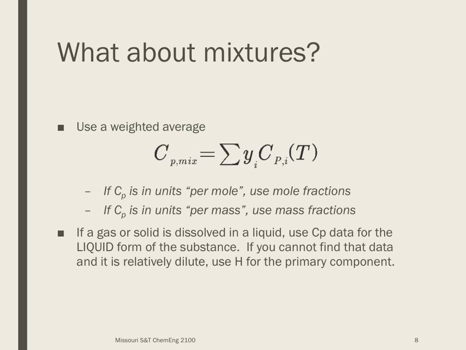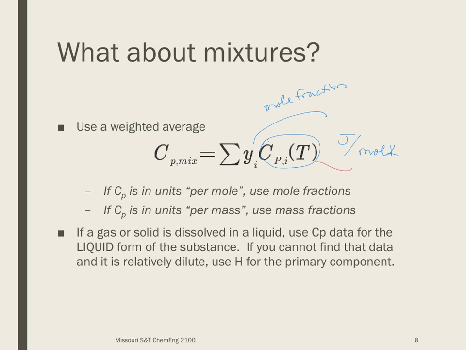So finally, what if you have a mixture? We're going to use a weighted average. You're just going to take fractions times C sub P of each of the components and add those up to get C sub P of the mixture. There's not a right or wrong way to do this, but if the units on C sub P are something such as joules per mole Kelvin, then this would be mole fractions.